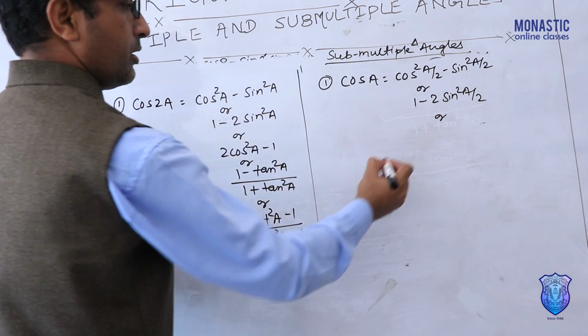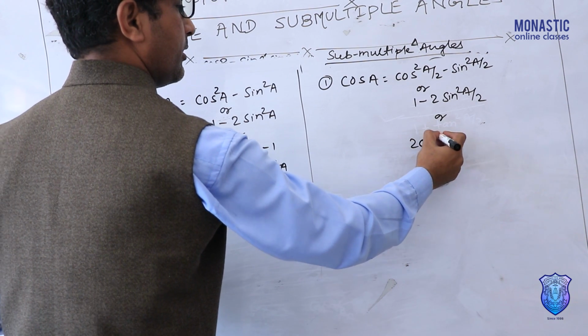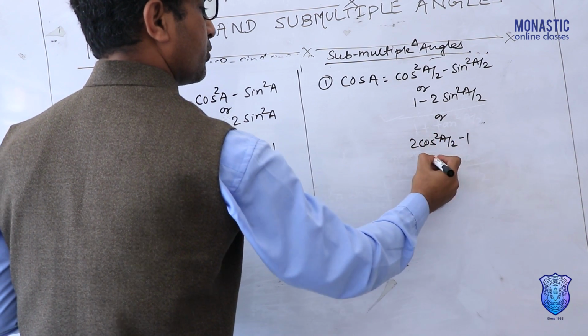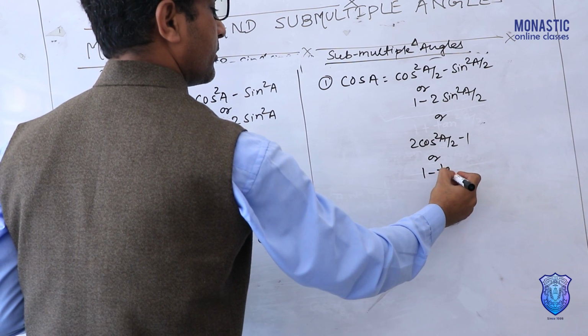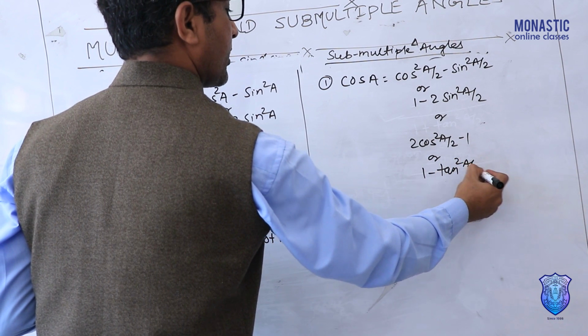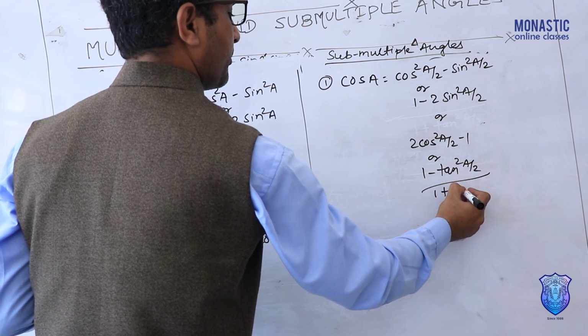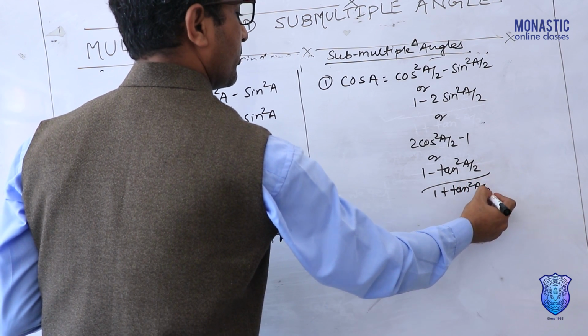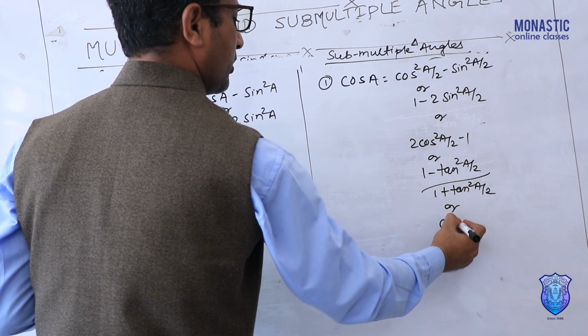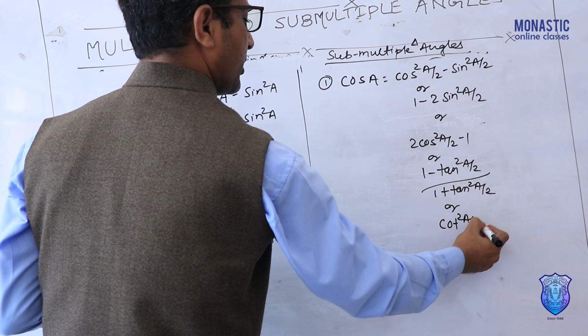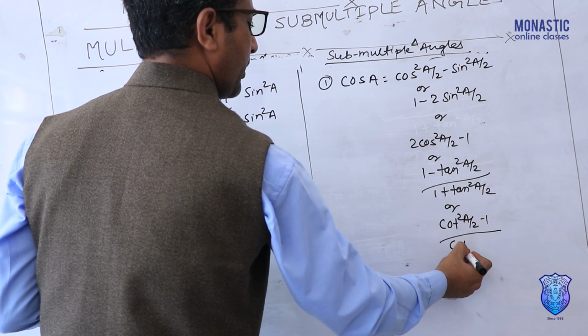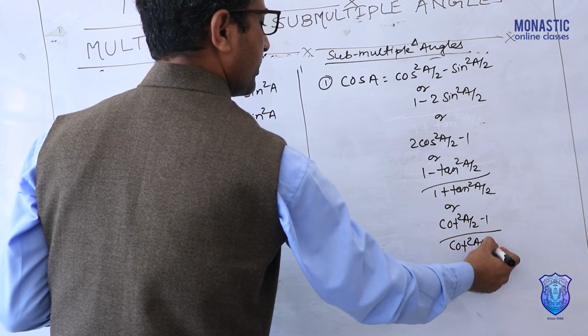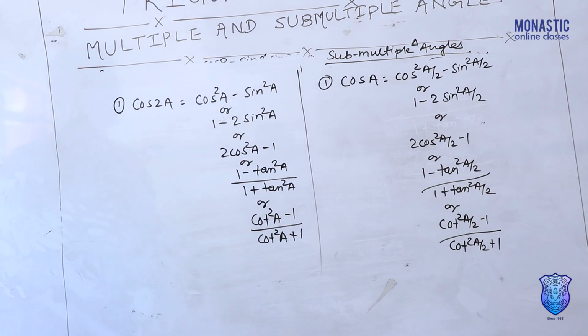Third one is 2 cos squared a by 2 minus 1. Fourth one is (1 minus tan squared a by 2) by (1 plus tan squared a by 2). Fifth one is (cot squared a by 2 minus 1) by (cot squared a by 2 plus 1).